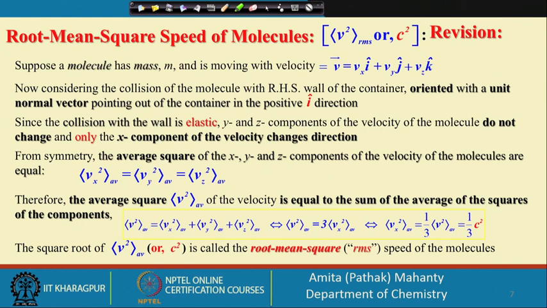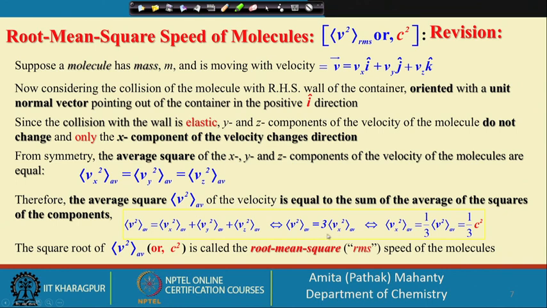So, the average of v square is equal to the sum of the averages of the squares of the components. Since these are all equally probable, I can write this in terms of x, y or z.